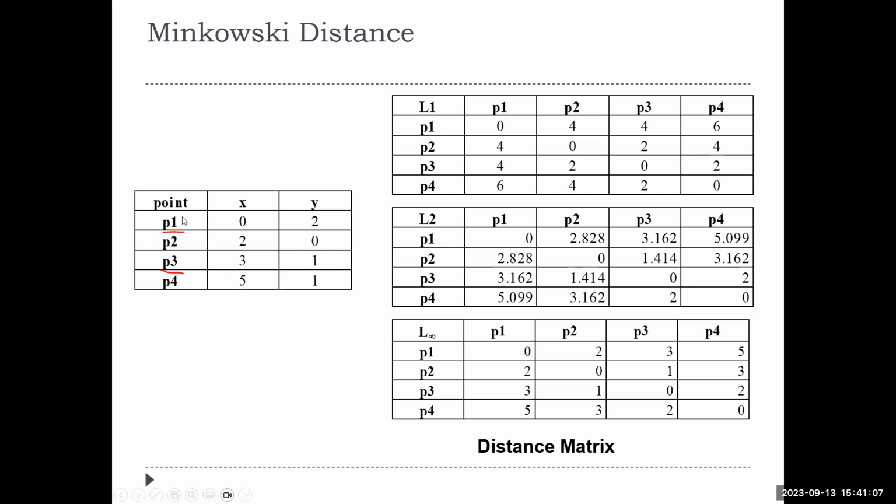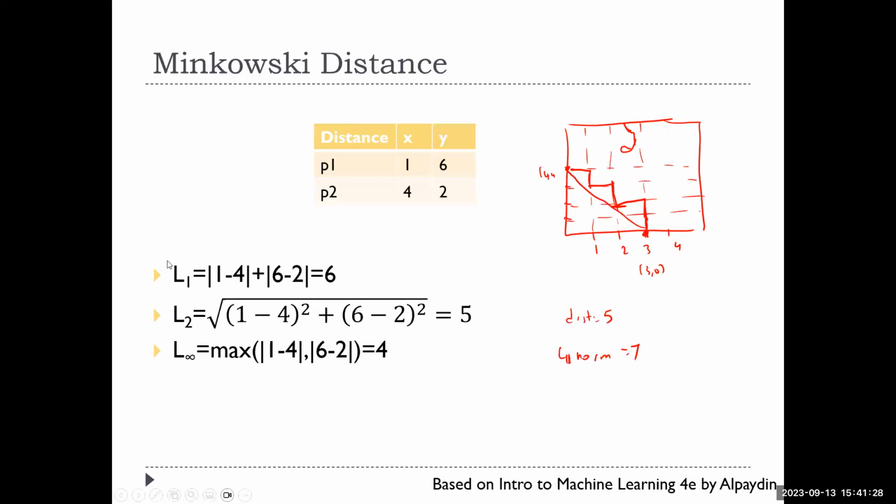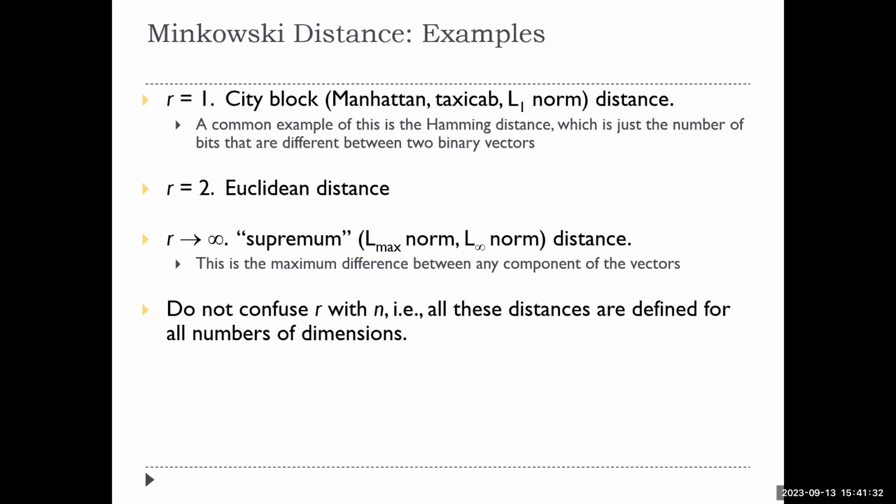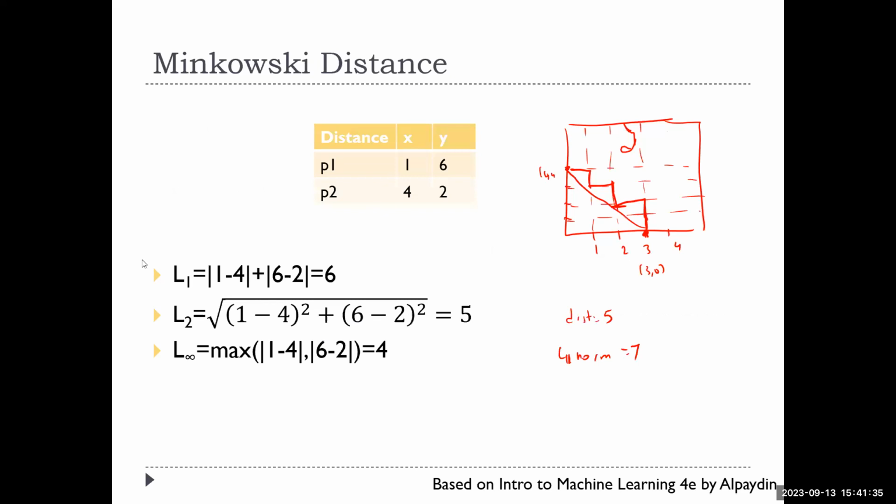What is the L1 norm between P1 and P3? Also compute that. For the L1 norm, you compute the difference for each attribute and add them. The definition is here, and this is an example.